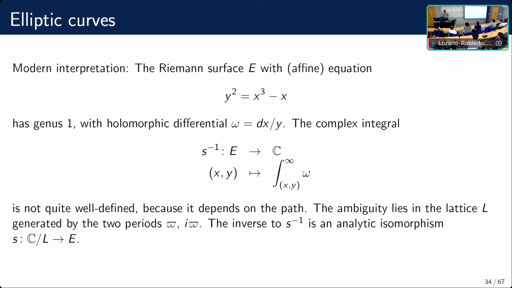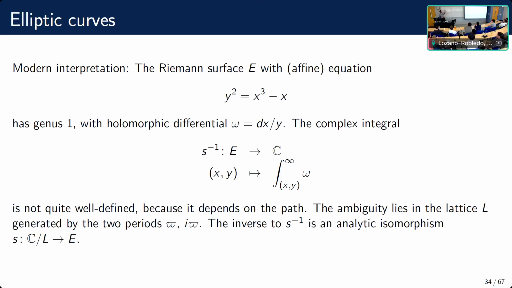The function S inverse looked like this, and we're trying to invert it. The function S inverse was multi-valued. It could take a value here, but then it's also going to take the value there. To make it single valued, I have to take the complex numbers modded out by the lattice, so that these two points get identified.